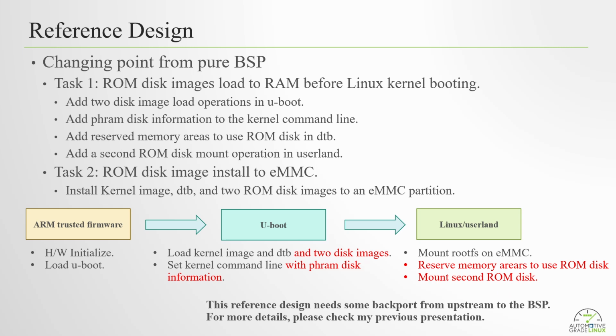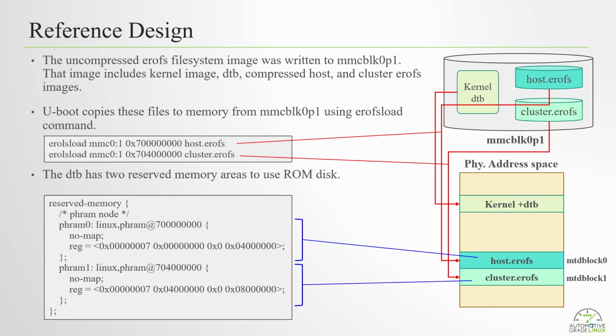The second task is installing the ROM disk image to eMMC. Install the kernel image, DTB, and two ROM disk images to an eMMC partition. The uncompressed EROFS file system image was written to MMC block 0p1.